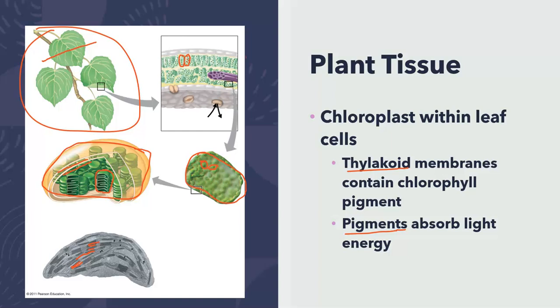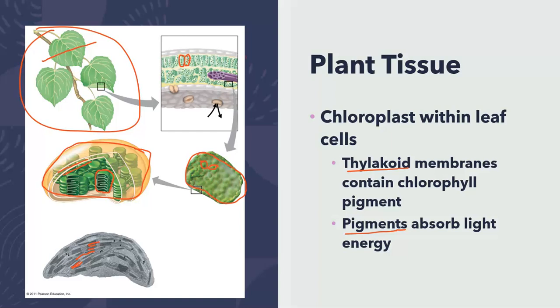So photosynthesis is this process where plants are capturing sunlight. This is solar energy that we're talking about, and we want to convert this energy into chemical energy, and that is going to be in the form of glucose.